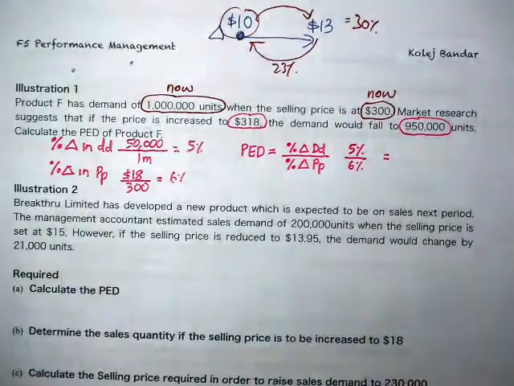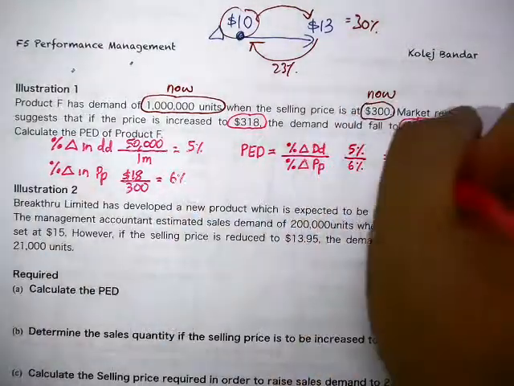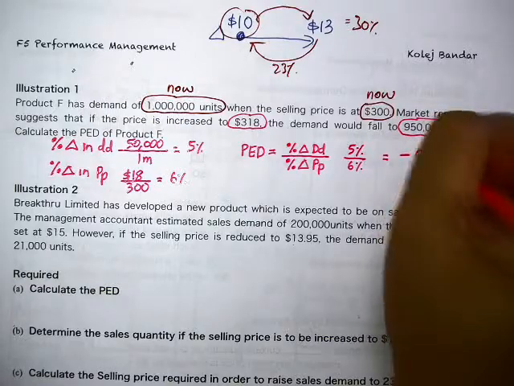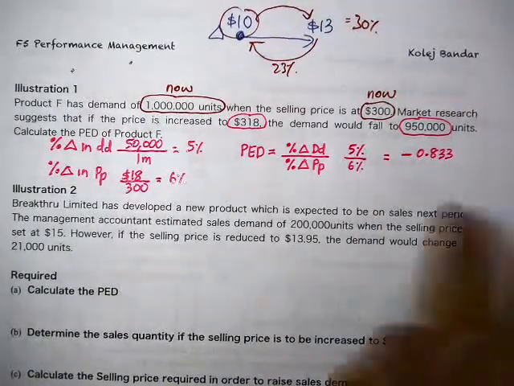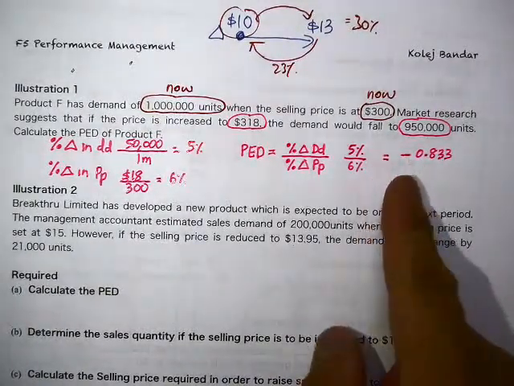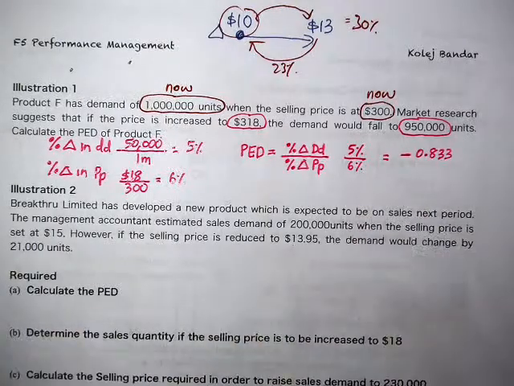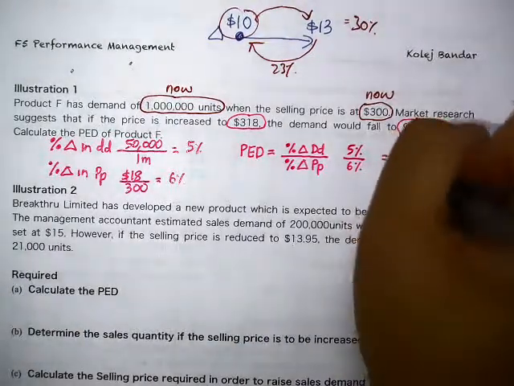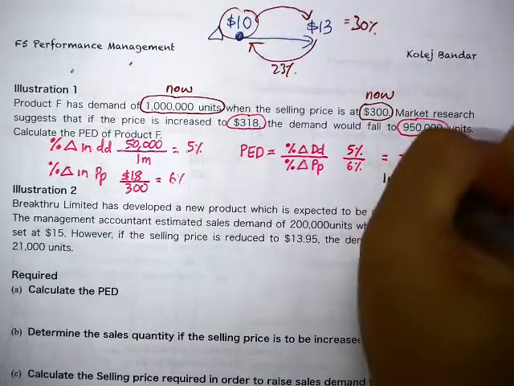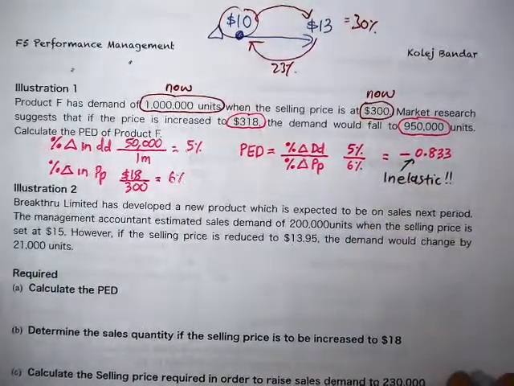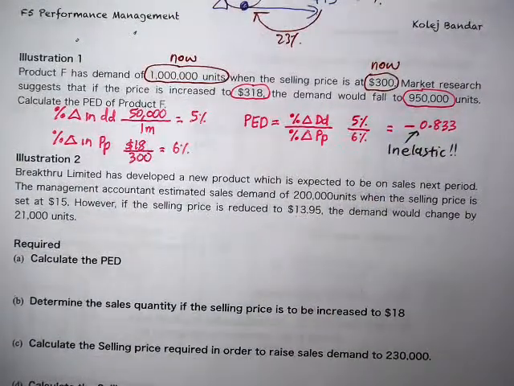So you will get the answer as negative 0.833. Now it's negative because the correlation is: price goes up, demand falls. Now this PED tells me it is inelastic. You see, it is called inelastic because it's less than 1.